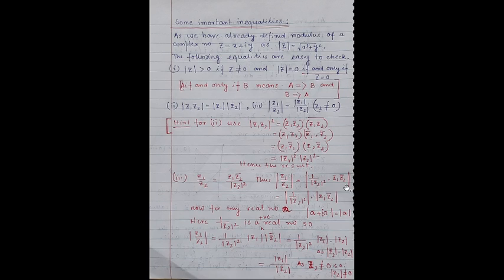If you take the modulus, as this is a purely real number, it can be written as a plus i into 0. So the modulus of that is merely mod of a. And as this is a positive thing, mod of this thing is the same as itself.